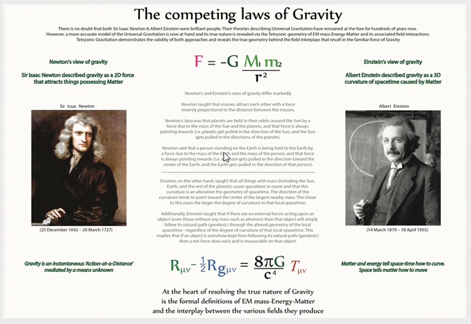Mathematically different. Newton's describes the force between two objects, whereas Einstein's formulation says there is no force between the objects. The bodies move in the path that they move because of the changes of the energy density within those regions of space.